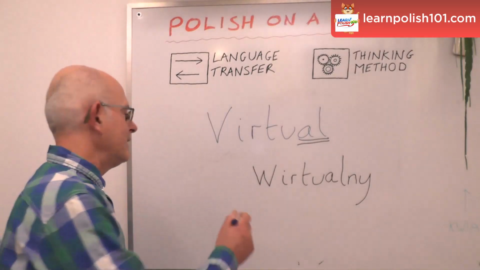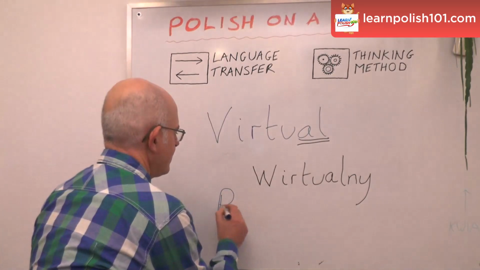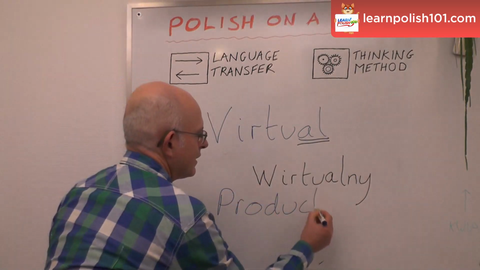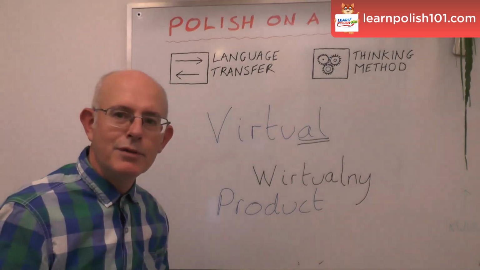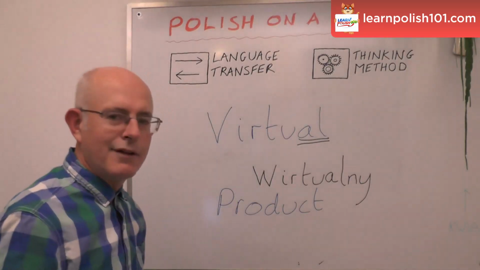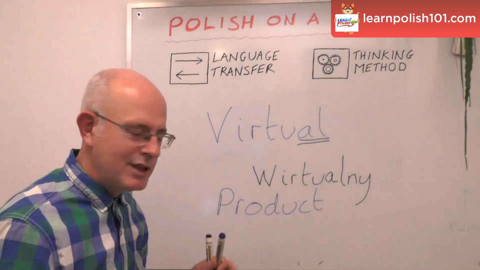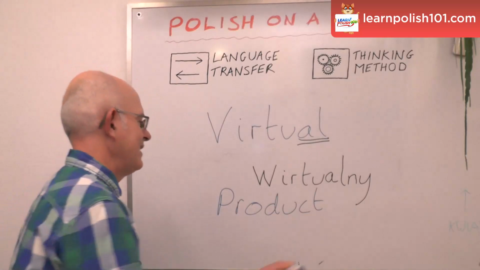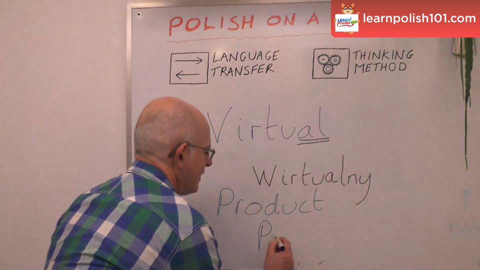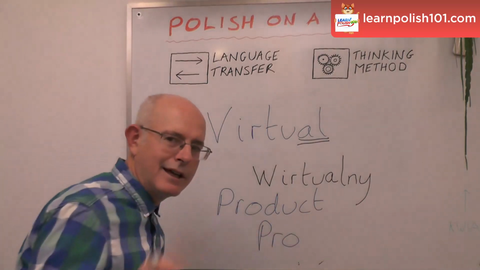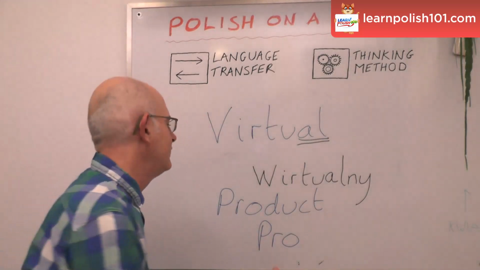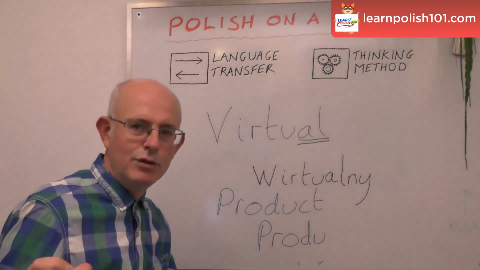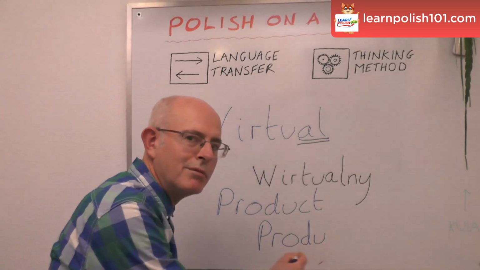Now we're also lucky enough that there's a very close relationship between the English word for product and the Polish word for product. So if I said that they're pretty much the same, but you've got to say it the Polish way, then we've got our P, R, O, like in orbit, from normalne, D, we've got our U, like from uniwersalne, so produ.